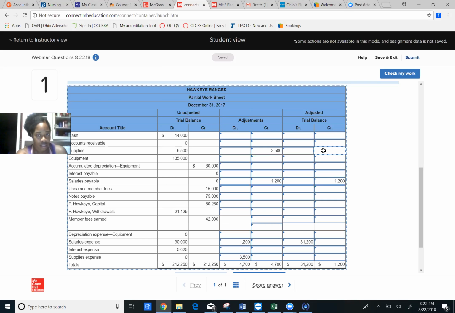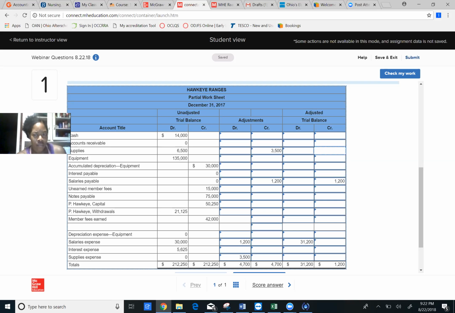So the reason why is because it started off as a debit. See how the 6,500 is a debit? Aren't those supposed to be subtracted? Yep. So you're gonna subtract it. 3,000. So should I put it on the debit side or the credit side? Credit. Nope.